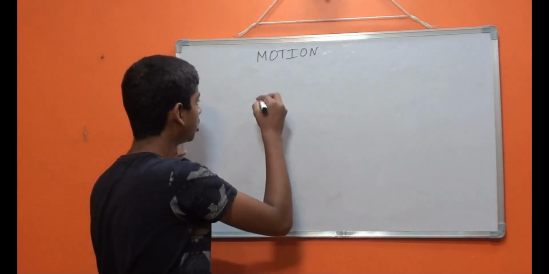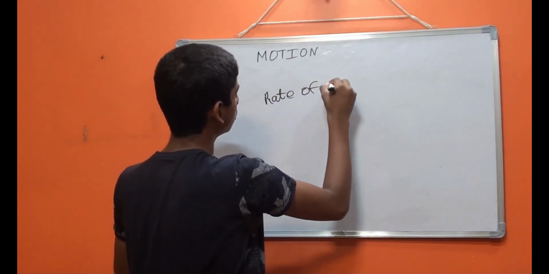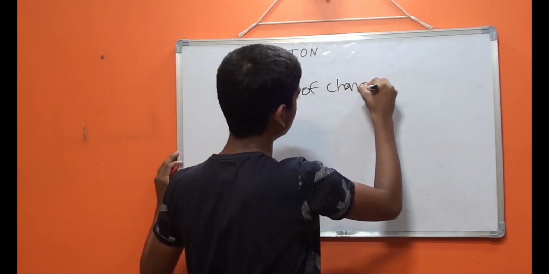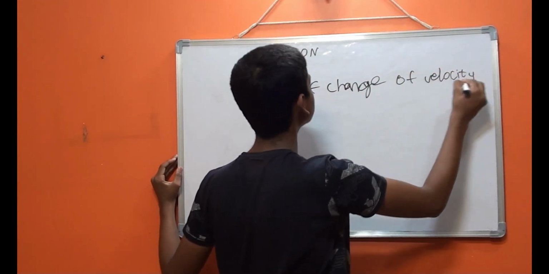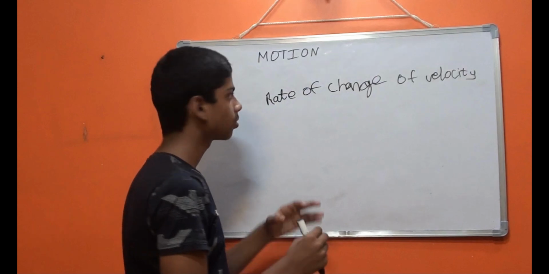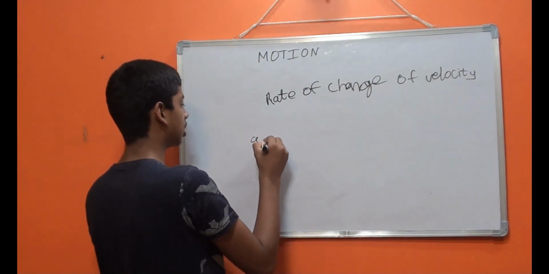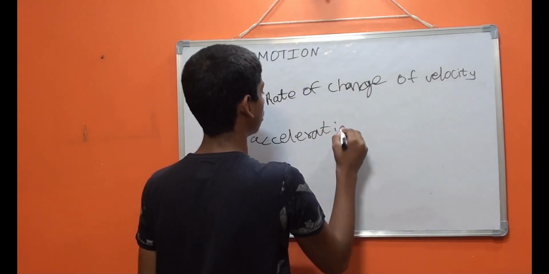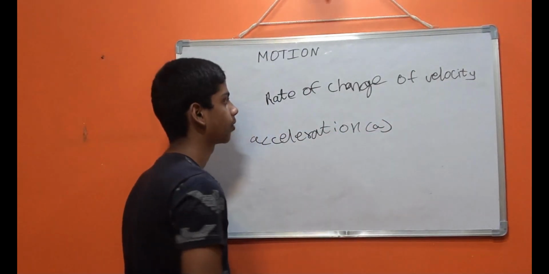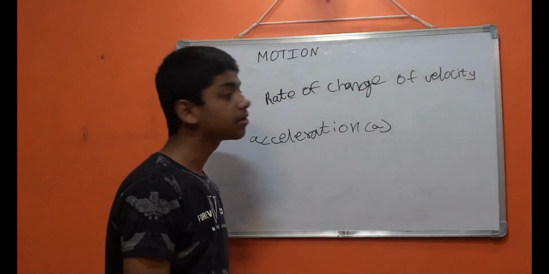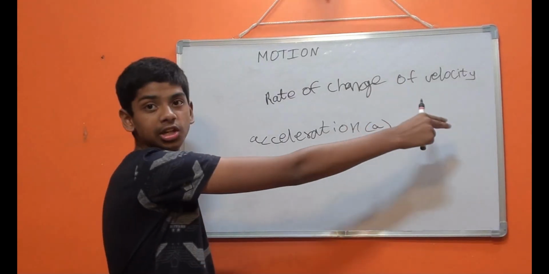Friends, now let's see our next topic, which is rate of change of velocity. The rate of change of velocity is acceleration. Acceleration is denoted by the letter a. Acceleration means the change of velocity.